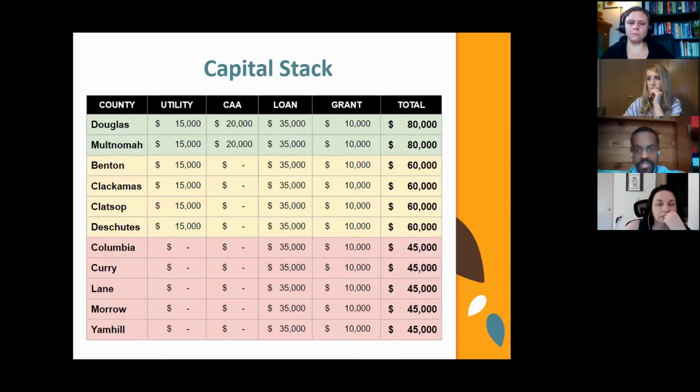And the CAP agencies in Benton, Clackamas, Clatsop, and Deschutes County have not yet officially partnered with us, so the residents don't have access to those funds, but they do have access to Energy Trust of Oregon's funds.